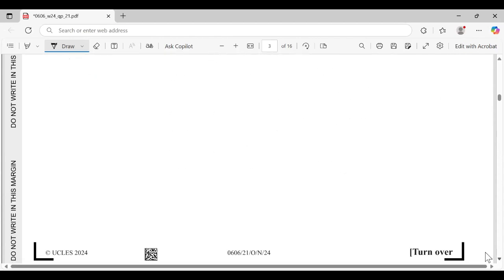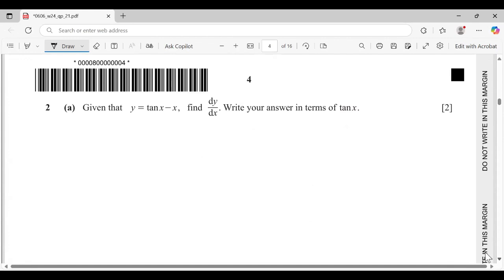Next question. Given that y equals tangent x minus x, find dy dx. Write your answer in terms of tangent x. y equals tangent x minus x, so dy dx: the differential of tangent x is secant squared x, minus 1, because the derivative of x is 1.